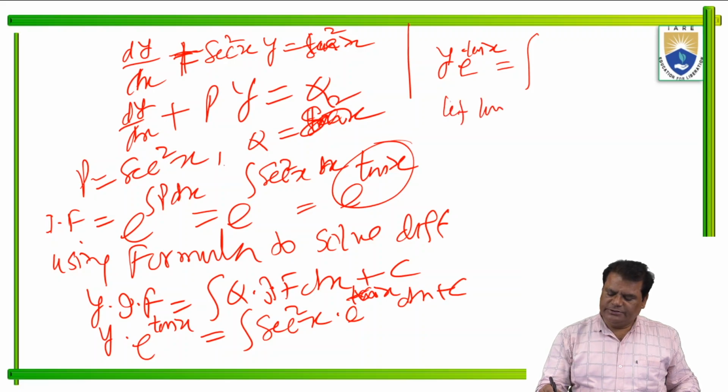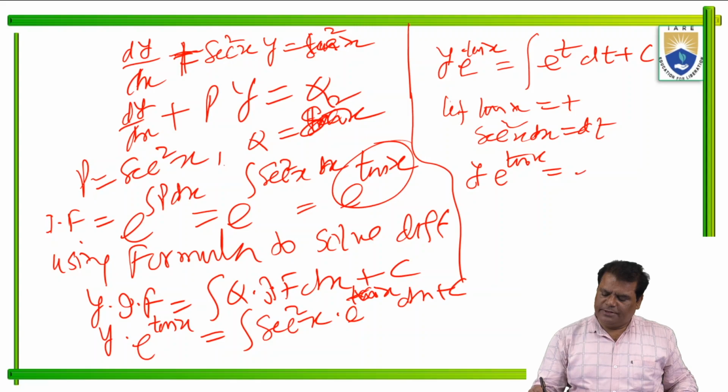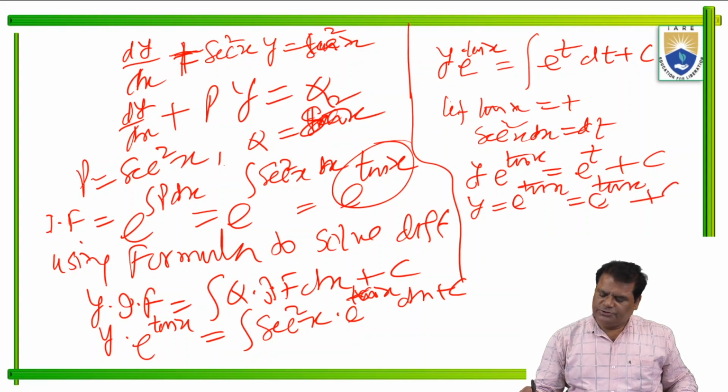Let tan x be t. The differential of sec square x dx is equal to dt. So this converts into the integral of e to the power t dt plus c. Now y into e to the power tan x equals the integration of e to the power t, which is t, plus c.